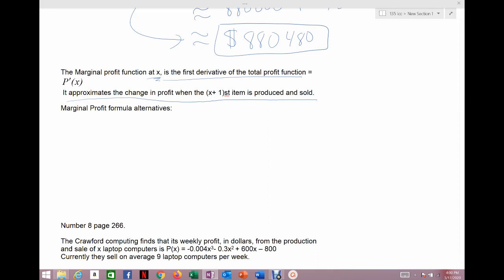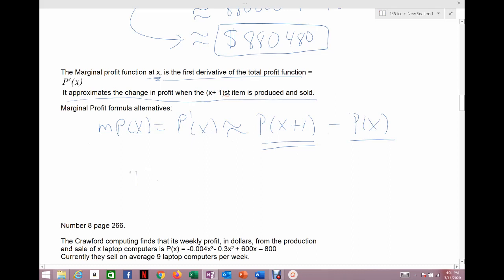And a profit can come out positive, a gain, can come out negative, a loss, and it can come out zero, there's no change. Alright, so marginal profit is the derivative of the profit, which again approximates the change in profit to the next item. Alright, so the current level of production is X, and then this would be the plus 1, and that would be the difference, and that's what marginal profit approximates.